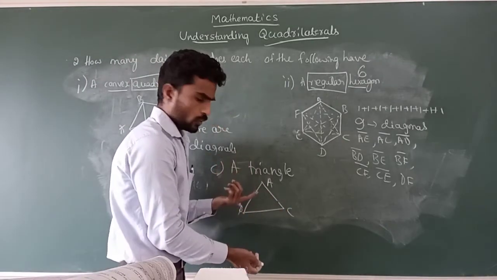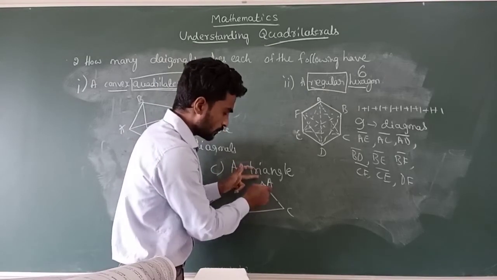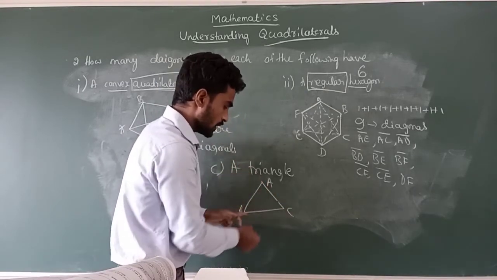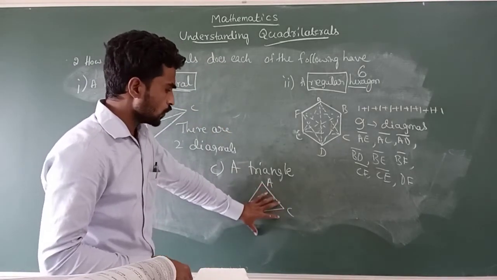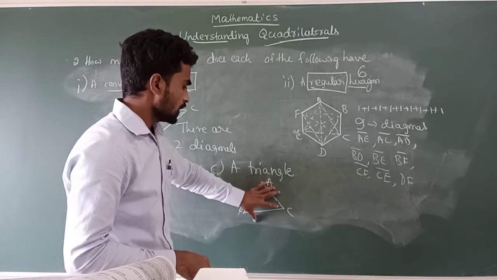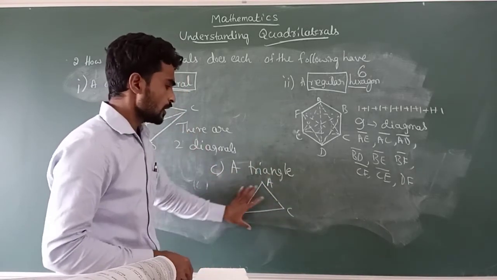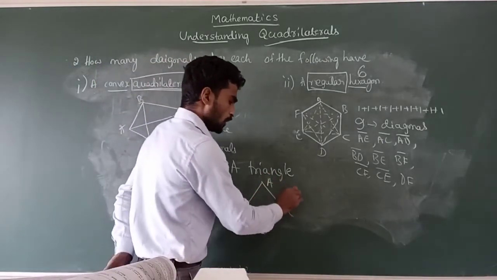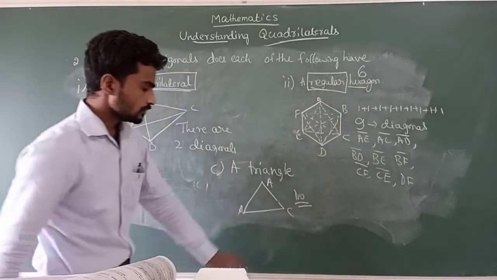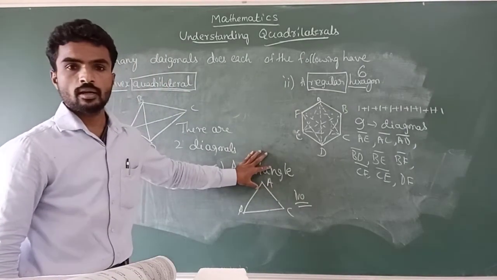No, because A is consecutive to B, A is consecutive to C, and C is consecutive to B. There are no non-consecutive points in this triangle. Therefore, it does not have any diagonals. That means 0 diagonals in a triangle.